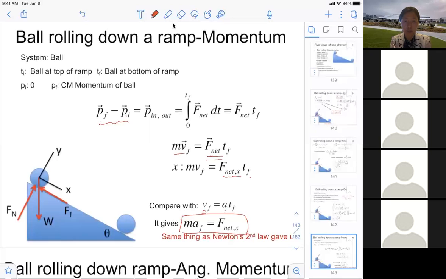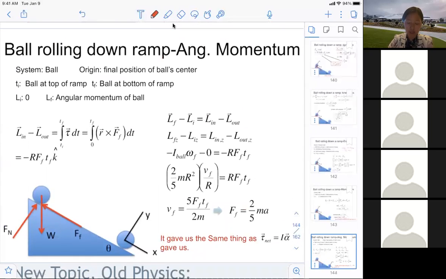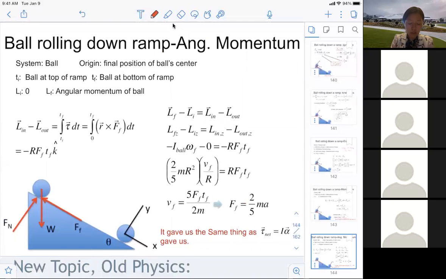So at this point, you will start with Newton's laws again, but you can, if you want to, apply a momentum perspective on it. Finally, what if you wanted to talk about angular momentum? You could. The initial angular momentum is again 0 because it wasn't rotating at first. The final angular momentum is I times omega. And the angular momentum change comes from applying the torque for some amount of time.